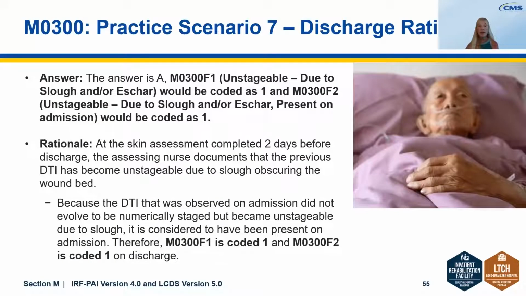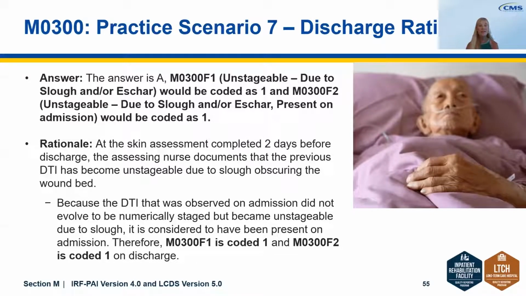And in order to accurately code this scenario at discharge, remember that if a DTI was observed on admission and does not evolve to be numerically staged, but is subsequently classified as another type of unstageable pressure ulcer injury, it would be considered and coded as present on admission on the discharge assessment in that unstageable pressure ulcer injury category.